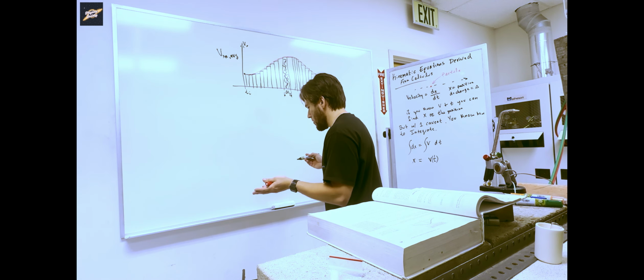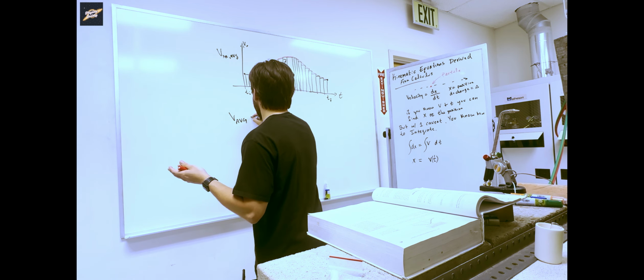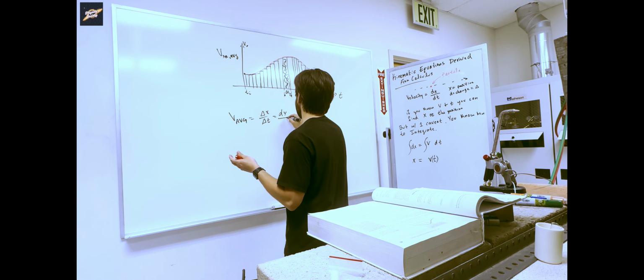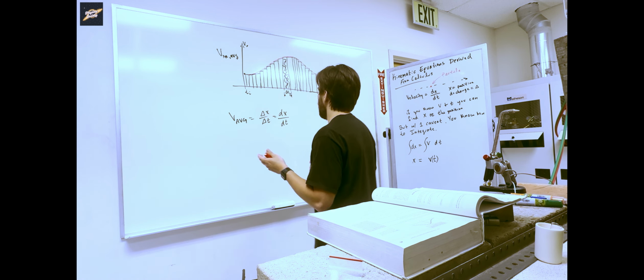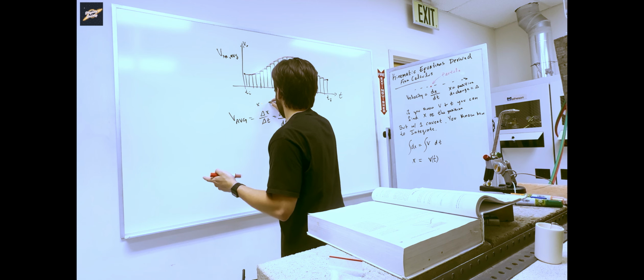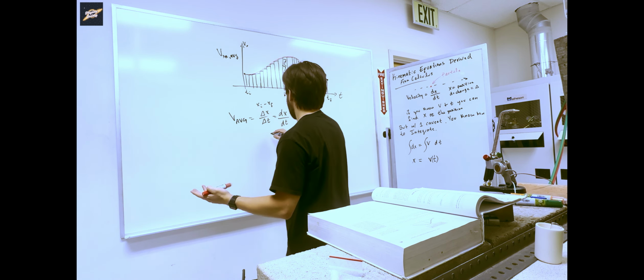So first of all, we know that the average velocity equals delta x over delta t. You can also write this dx dt. This just denotes the change, so you could say x final minus x initial.